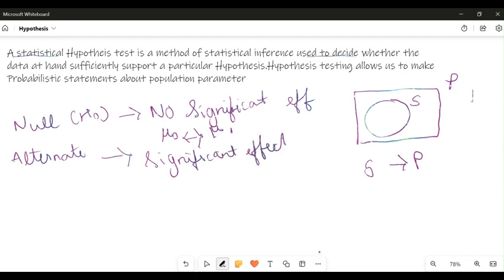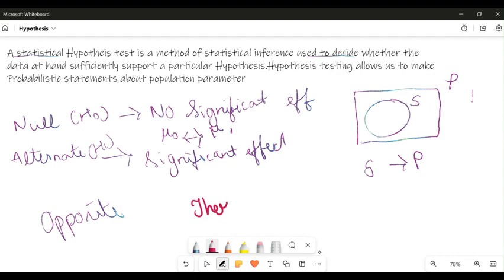Just take a picture of it: there is no significant effect, and there is a significant effect. The null and alternate are completely opposite. If the null says yes, the alternate says no. The alternate hypothesis is also called H1. We say that the null is assumed true until proven otherwise. This is the most important statement.